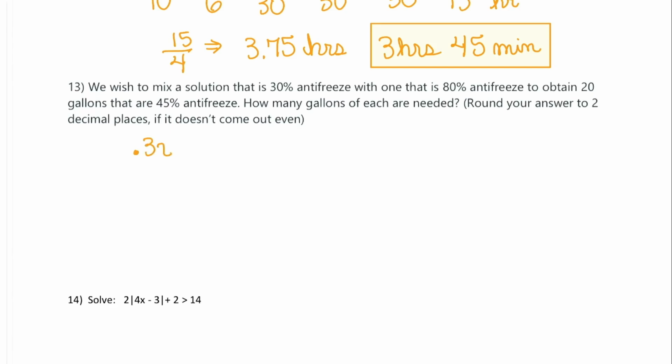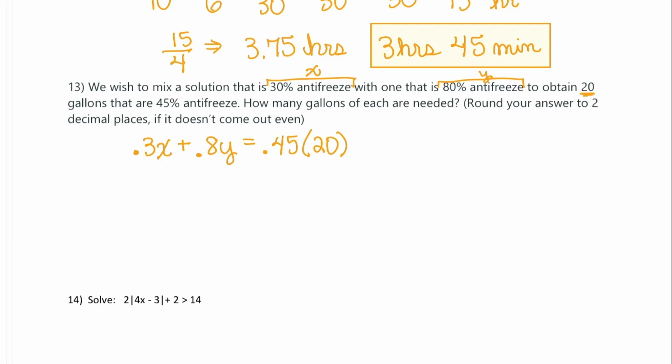So we're going to have 0.3x, and that's going to be the gallons of 30%. Then our gallons of 80%, we're going to call that one y. So we're going to add 0.8y, and that's going to be equal to 0.45, and we want that to be 20 gallons. So a 45% solution for 20 gallons.